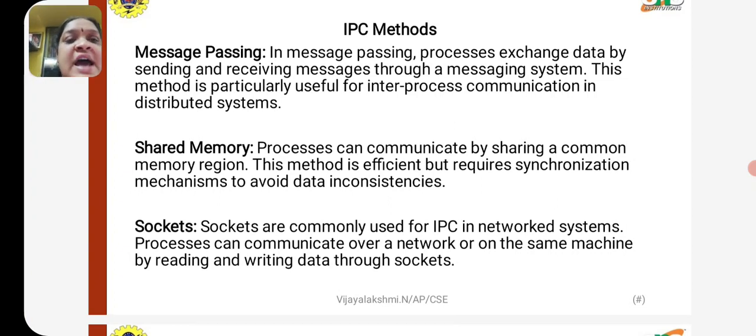Next comes shared memory. Two processes can share the same memory; there will be a common shared region. This method is efficient, but it requires a synchronization mechanism to avoid data inconsistency.